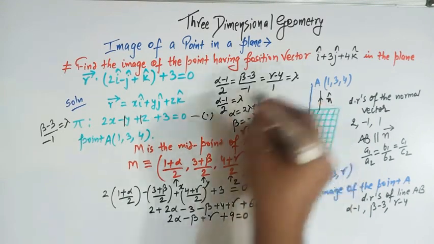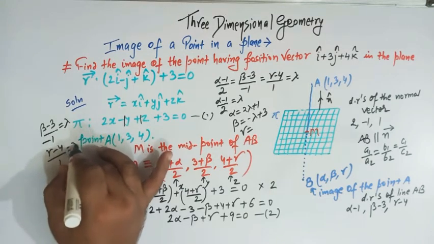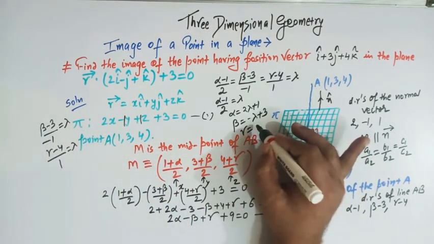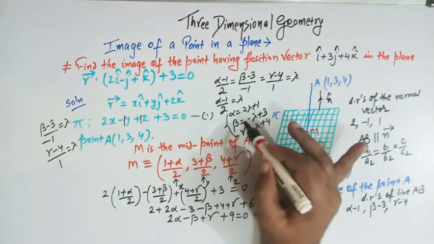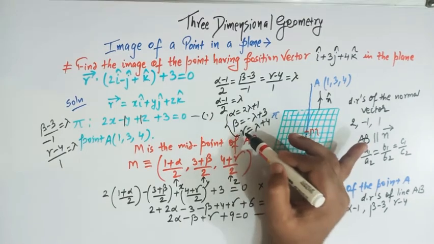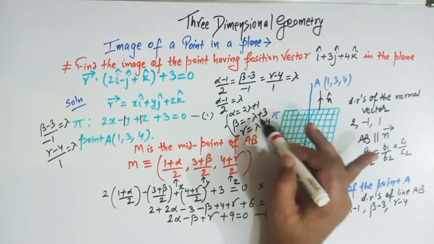And gamma can be written as (gamma minus 4)/1 equal to lambda, so gamma can be taken as lambda plus 4, right? Now see, here we have obtained the values of alpha, beta and gamma in terms of this scalar lambda, right?